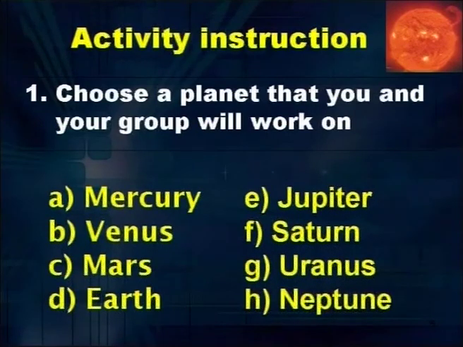So it is referred to as a dwarf planet. So we have 8 planets now in our solar system.